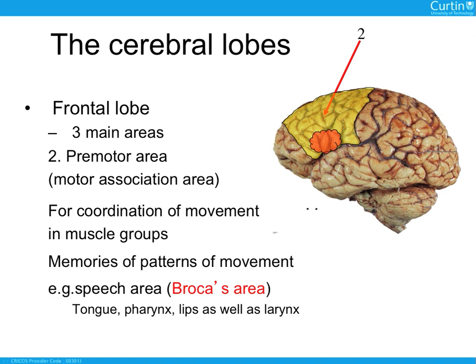There's a particularly interesting area here, and it's called Broca's area. And this is dedicated to speech. It contains motor planning neurons that will give motor plans for speech, particularly syntax.